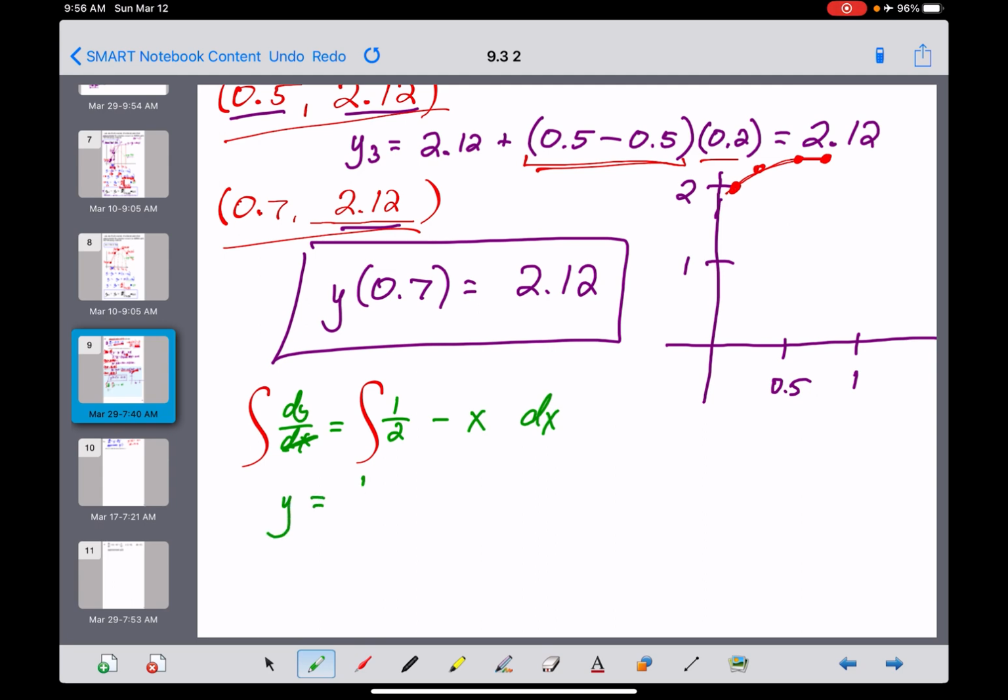This antiderivative would be 1/2 x minus 1/2 x squared, and then plus c at the end. What kind of function is this? It's quadratic, and it's a negative quadratic. So this graph, whatever c is, is a downward opening parabola.